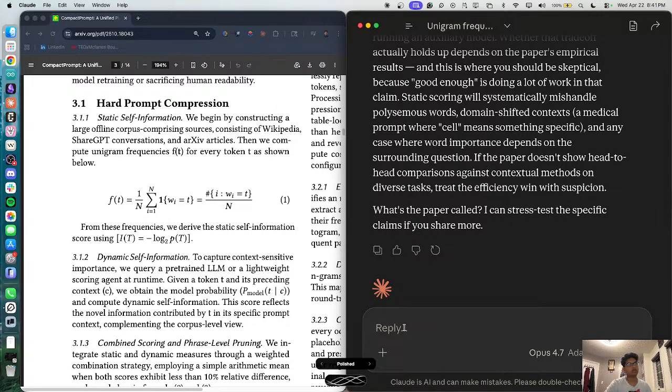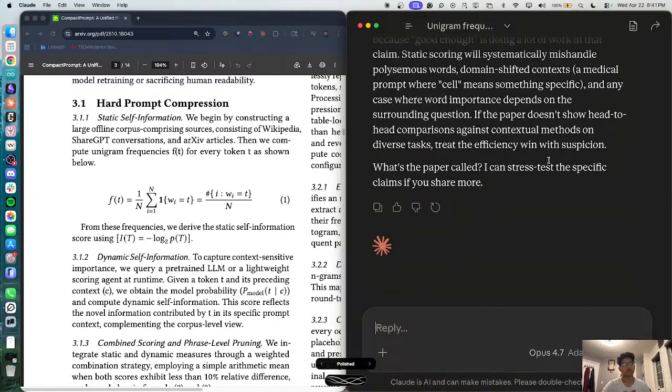From my understanding of the article now, and also from my conversation with you, basically the static self-information is a way of assigning a score based off how informative a token is of text that you have curated, and the way that we determine that score is through two components. The first one is the unigram frequency, and the second one is using that unigram frequency within a mathematical formula, which is the actual score itself.